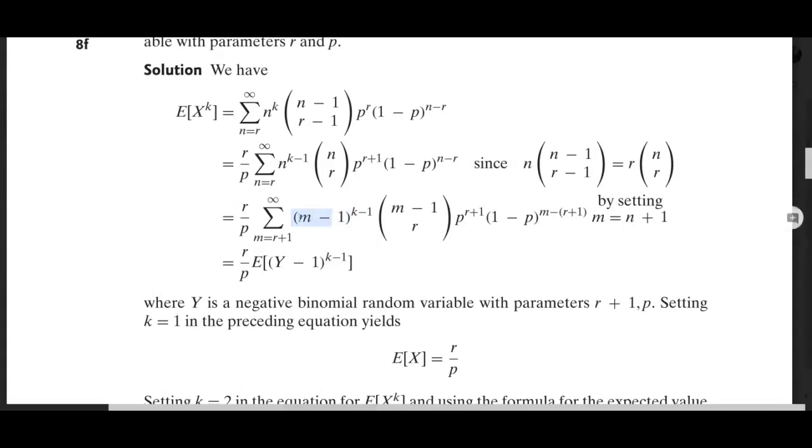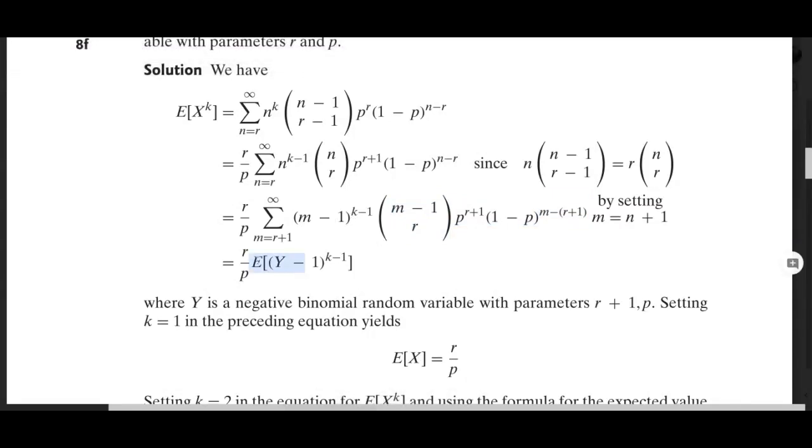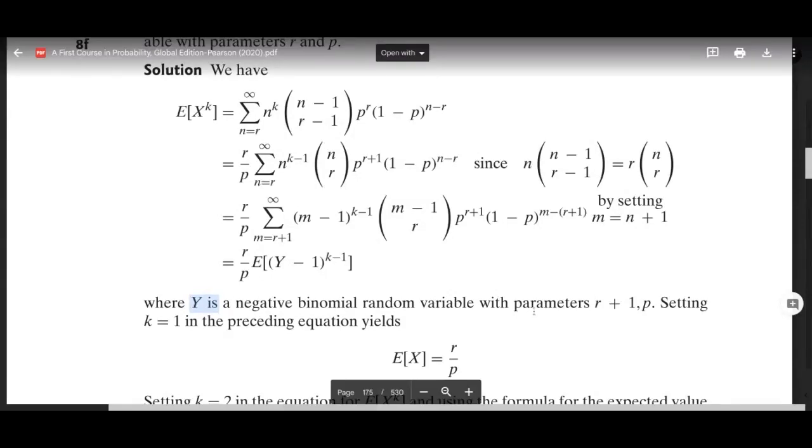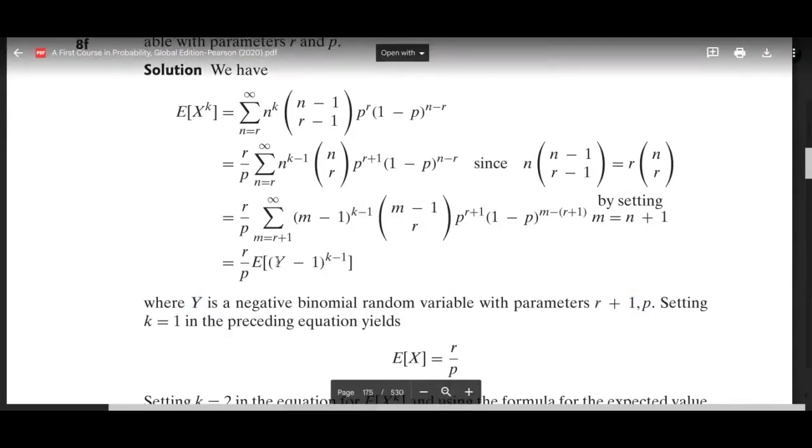Oh, okay. So this is the term where m is the number of trials, and this is the probability. So that's why we get the expected value of y minus 1, where y is a negative binomial random variable with parameters r plus 1 and p. All right, so that's y.